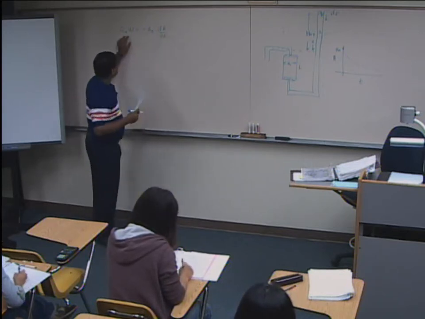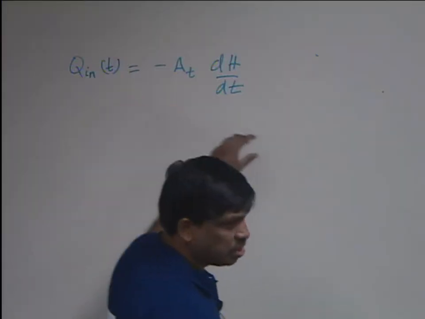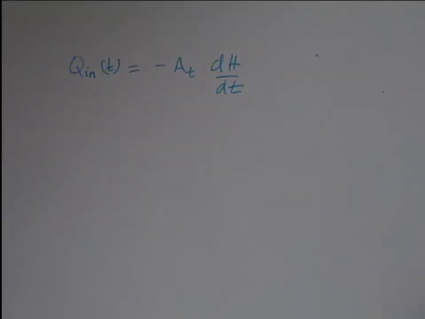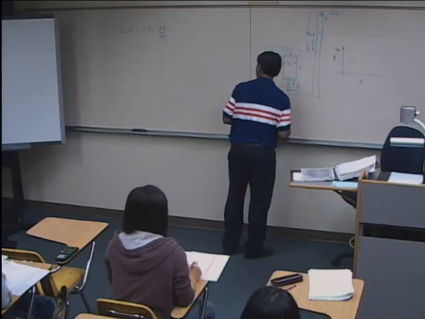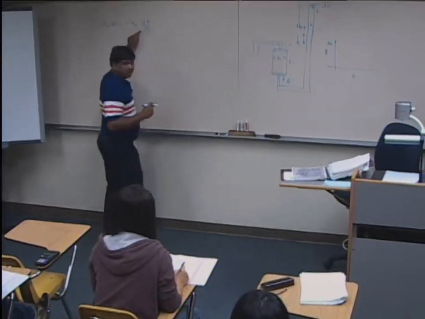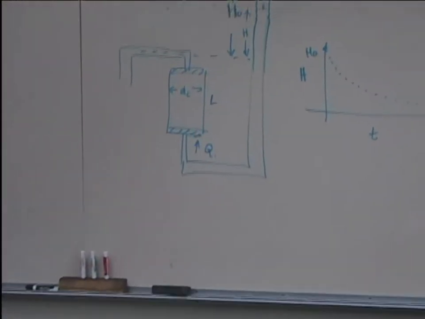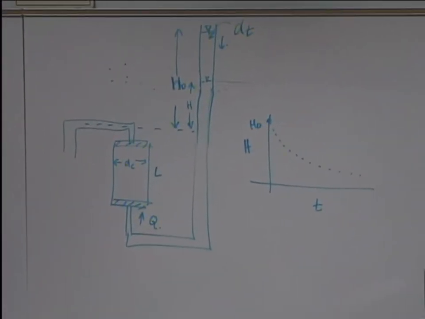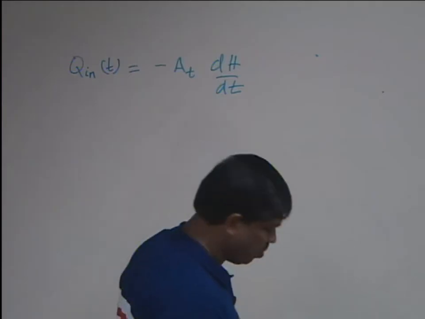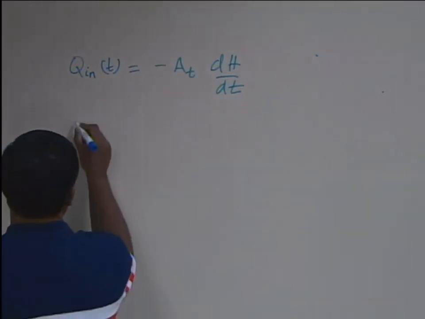This is the rate at which Q is going through the system, which is the rate at which the head is falling, and it's proportional to the area. If I have a bigger area, there's more flow going through the system. If it's falling fast, there is more flow.